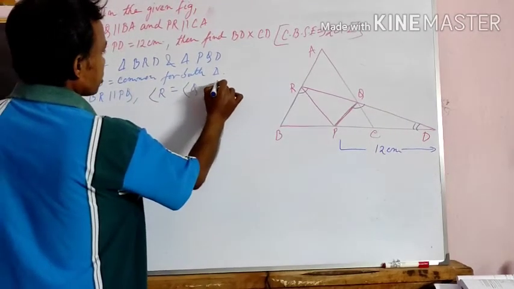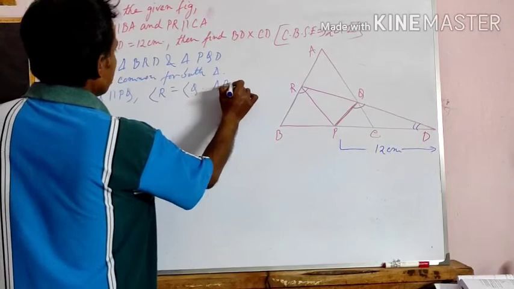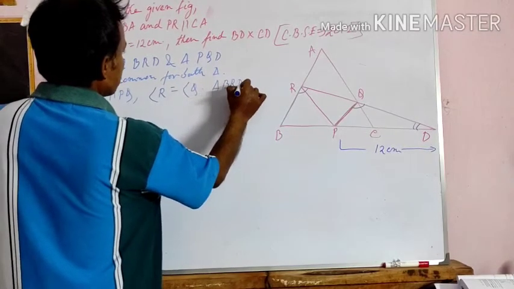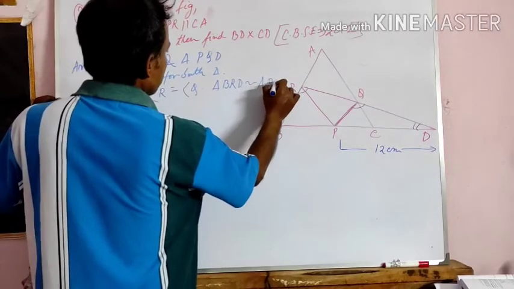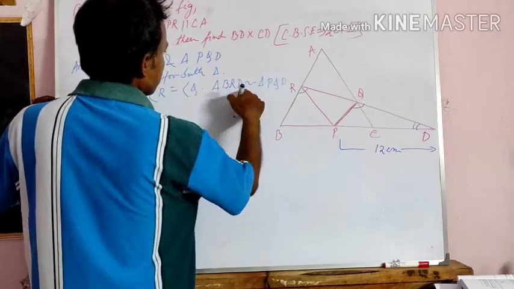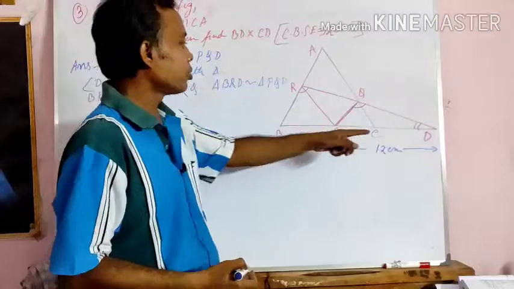Therefore two triangles BRD and PQD are similar.